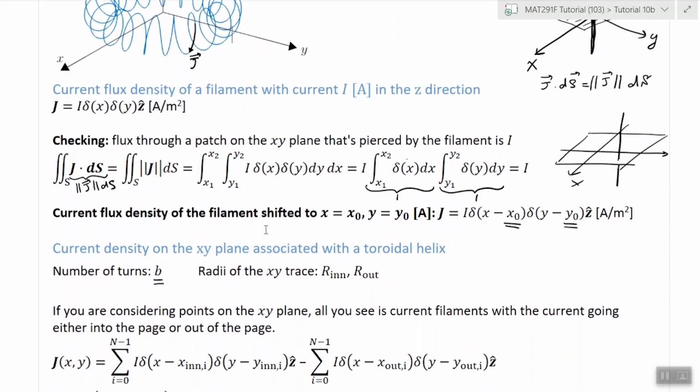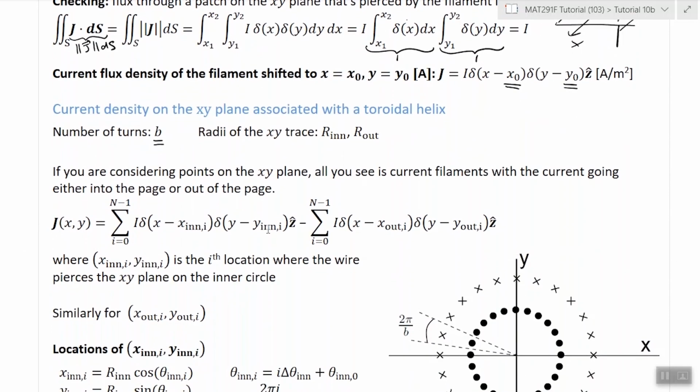But in this case, if we have this assumption of tight windings, then we can assume that all we have is just the same kind of filaments as I described here, with z hat or negative z hat direction. So then the expression for the current density on the xy plane is going to be very similar to this expression for a filament that I wrote here, but you will need to describe it for all the filaments that you have.